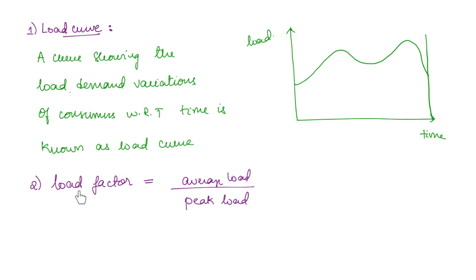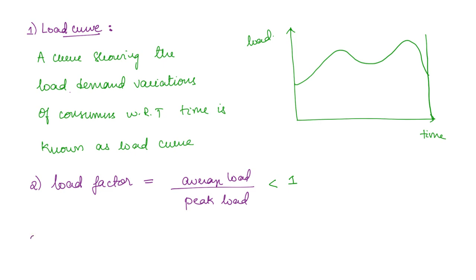That will give you the load factor. But usually what is important to us is the annual load factor. That means over a period of 1 year. The load factor will be less than unity. The average load will always be less than the peak load. But the nearer it is to unity, the more desirable. We need to have a high load factor.